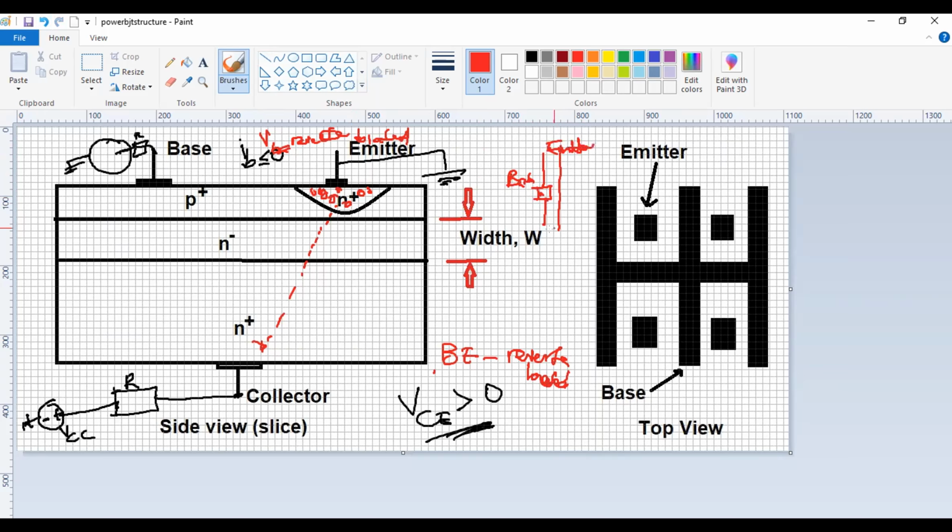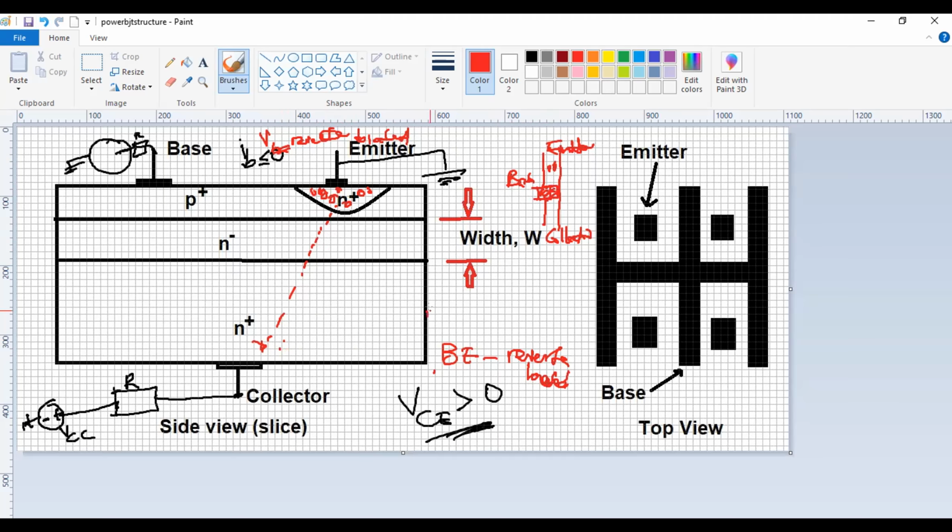So think about it as a pipe. Basically, these electrons would want to flow down from the emitter to the collector. By reverse biasing, I'm essentially keeping this closed. So since it's closed, no electrons will be able to flow down to the collector. So that's basically our cutoff.